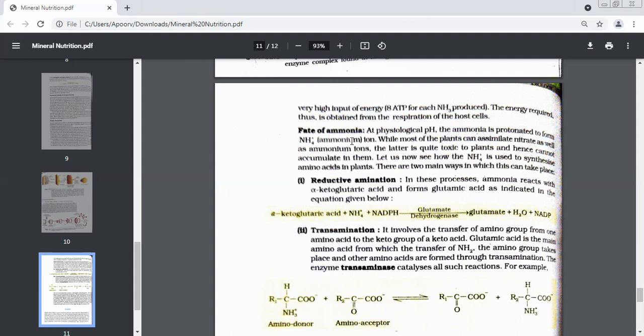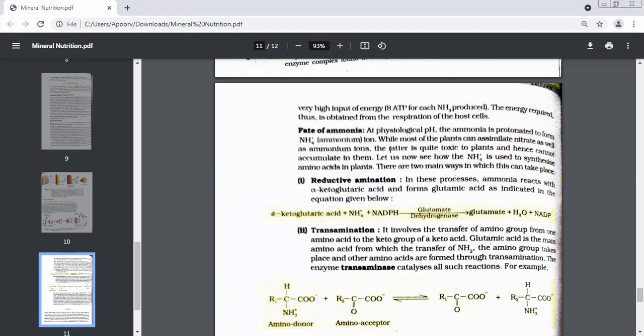So children, ammonia is already made with the help of which enzyme? Nitrogenase. Now, at physiological pH, this enzyme nitrogenase will keep on converting nitrogen to ammonia as long as it keeps getting the suitable conditions.